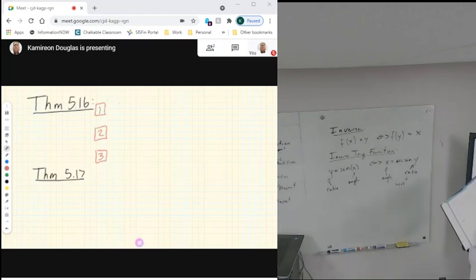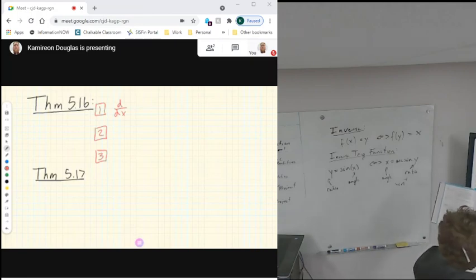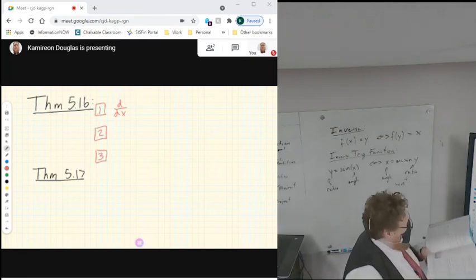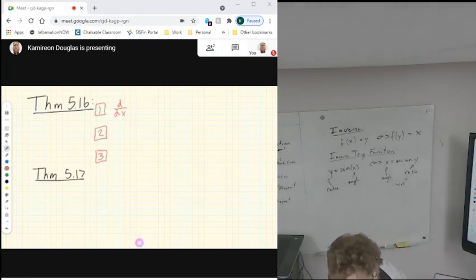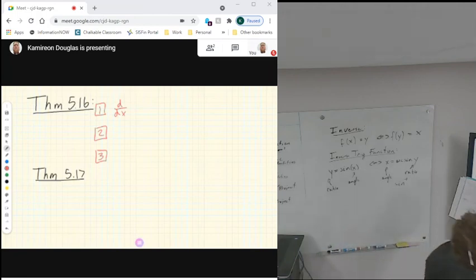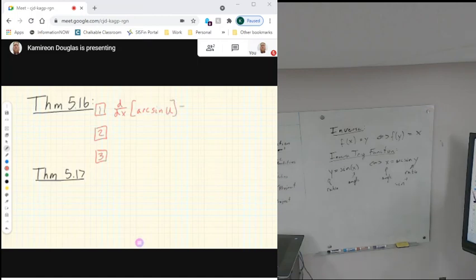So, whenever I send out your homework here in about 5 minutes or so, they will be in the book as well. They'll also contain a yellow section which has all these. So, the derivative of the arcsine function is equal to u prime over the square root of 1 minus u squared.